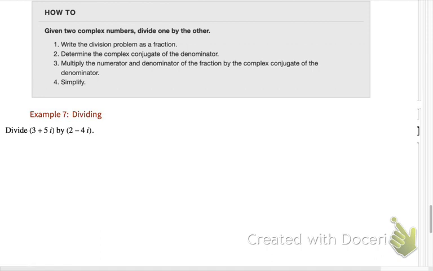Ultimately, the goal is, I'll write this down below, we're going to divide 3 plus 5i by 2 minus 4i. And remember that it doesn't usually say this, but we're going to write the result in the form a plus bi. Having a hard time writing today, folks.